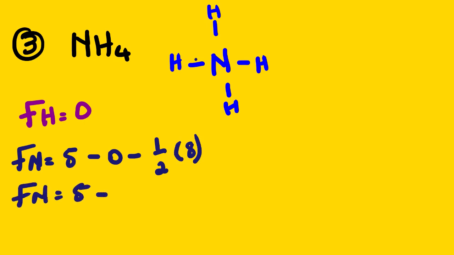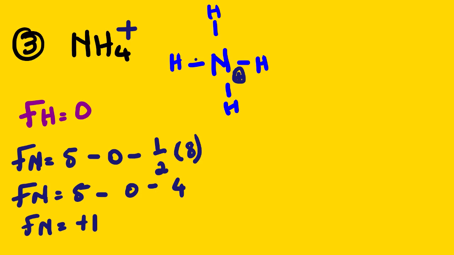So we have 5 minus 0 minus 4, which is positive 1. So the formal charge of nitrogen here is positive 1. So it simply means that the charge of NH4 is 1 plus.